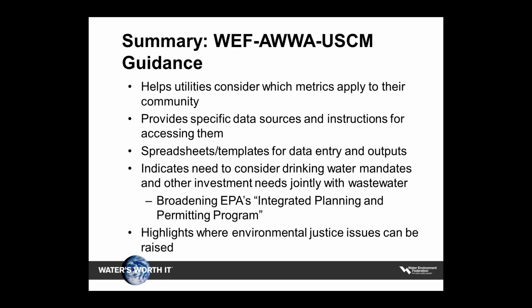And it talks about the need to look more broadly at all the water-related obligations and needs facing a community. It also highlights where environmental justice issues can be raised because, depending on who these poor households are, the elderly or concentrated in certain ethnic groups, you do get into issues of environmental justice.